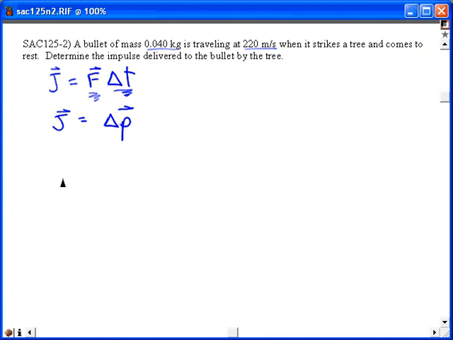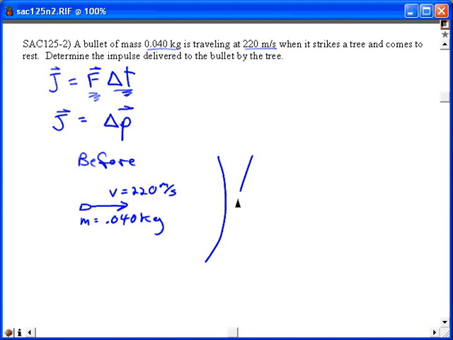Alright, let's get a before and after picture. We'll have before: a bullet traveling along at velocity v equals 220 meters per second with mass m equal 0.040 kilograms, and it's headed for a tree.